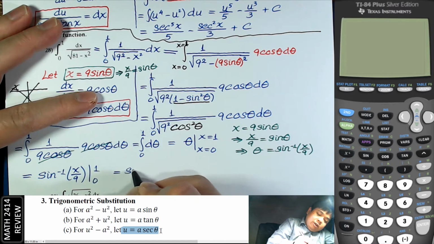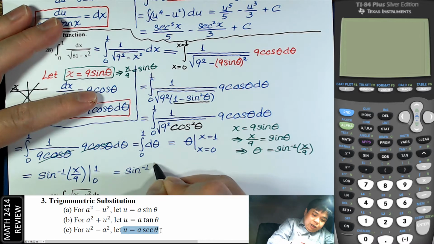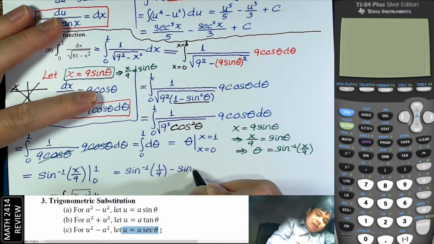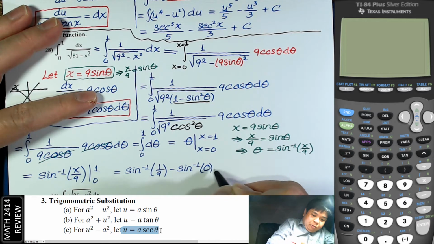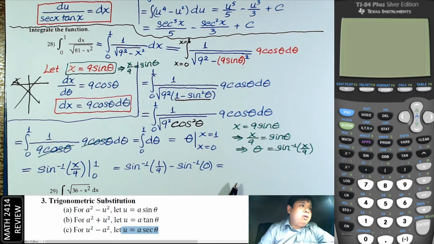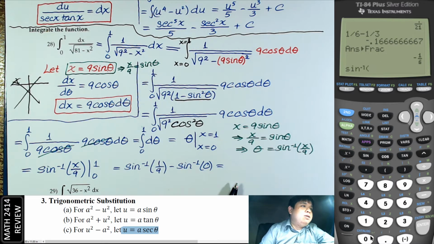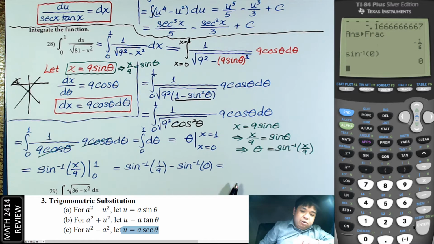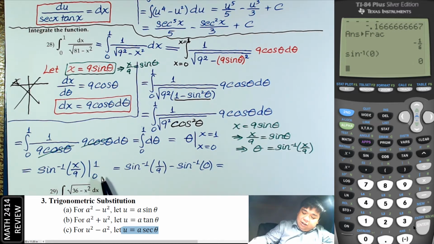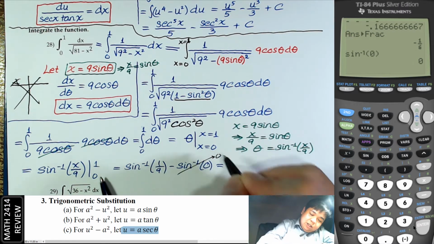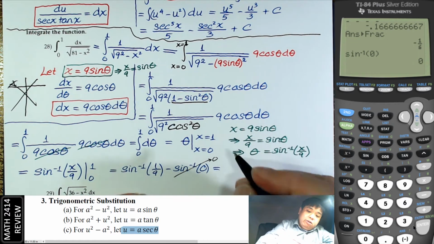So sine inverse of 1 over 9 minus sine inverse of 0. Sine inverse of 0 is 0. Okay, radian mode. Sine inverse of 0 is 0. So we just have sine inverse of 1 over 9.